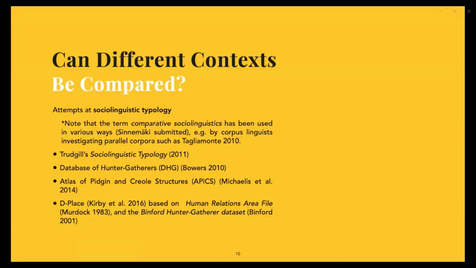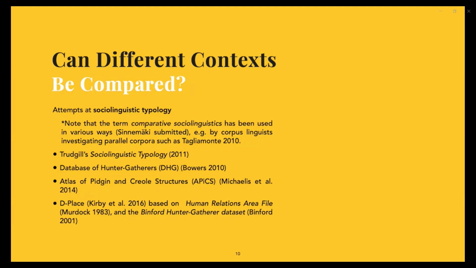Some other studies which I consider sociolinguistic typological: we have the database of hunter-gatherers, which Blair Bowern has written a paper about to introduce it. The Atlas of Pidgin and Creole Language Structures has a section on sociolinguistic aspects of the pidgins and creoles that they investigate. And finally, we've got the database D-PLACE.